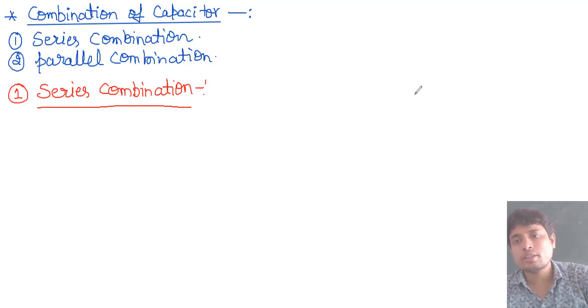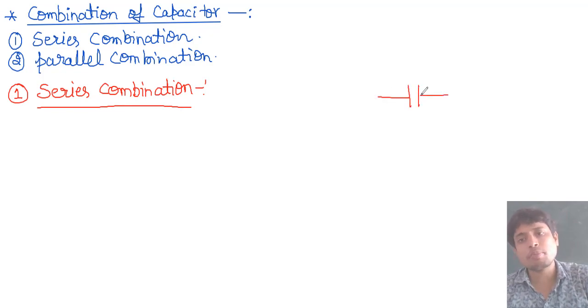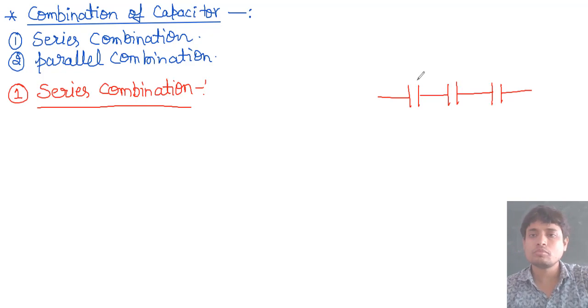Suppose there are three capacitors. This is the symbol of the capacitor. C1, C2 and C3, and they are connected in series.